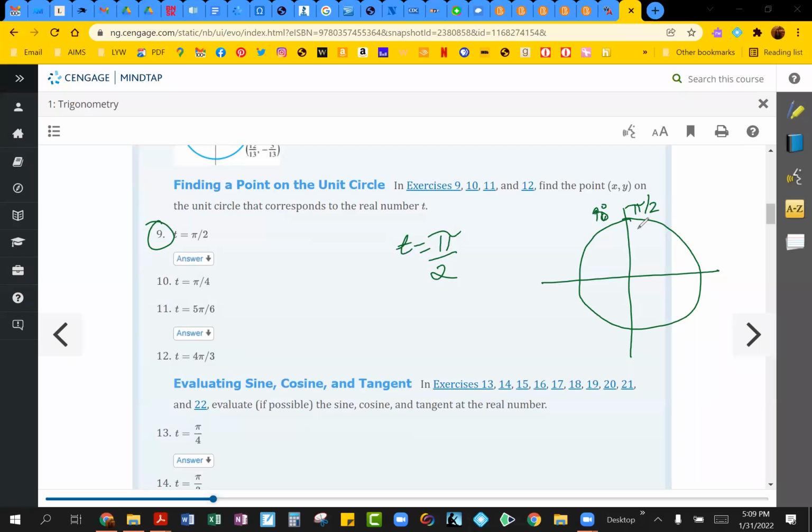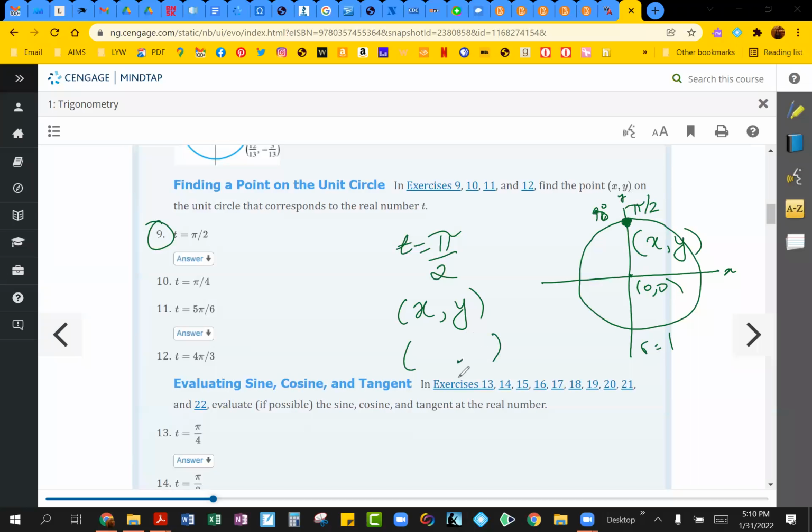This is obviously an easier example. So think about a unit circle. We know the center is at 0, 0, and we know the unit circle has a radius of 1. So what will this ordered pair be? What's the X value? Think of these as your X and Y axes. If you're right there on the Y axis, the radius of the circle is 1.